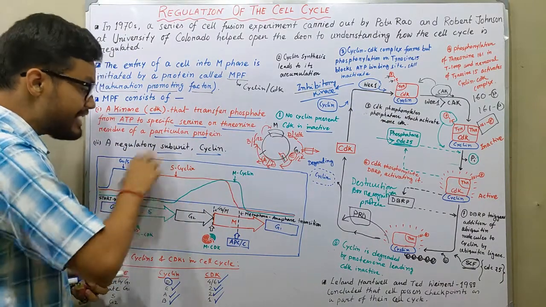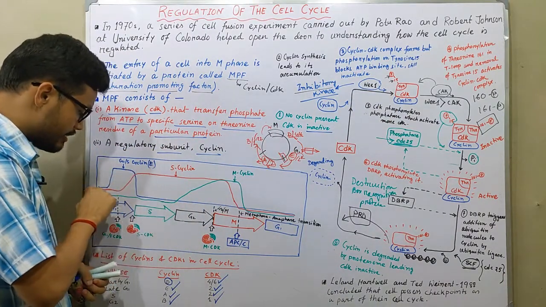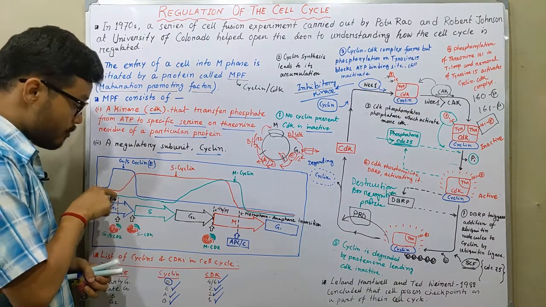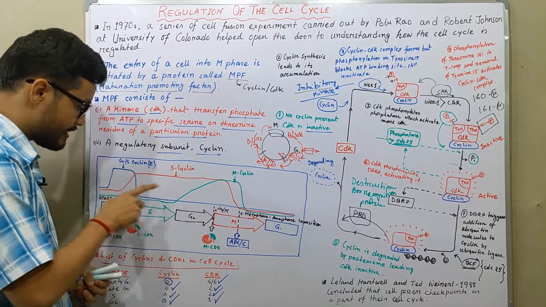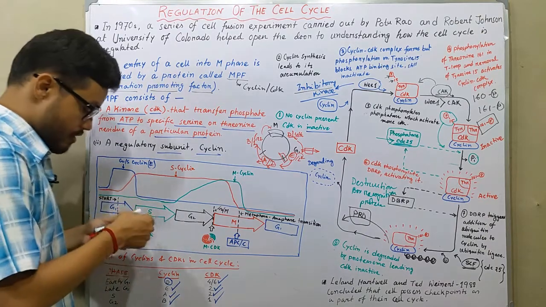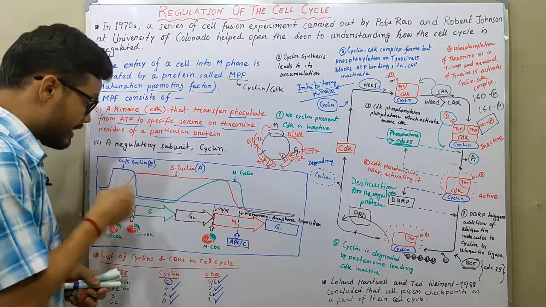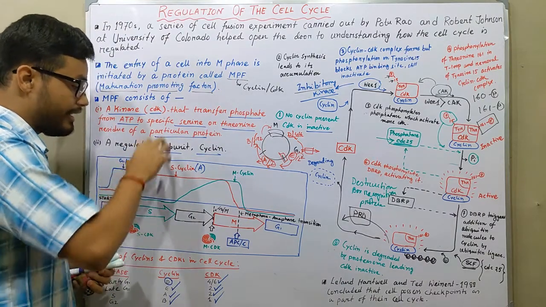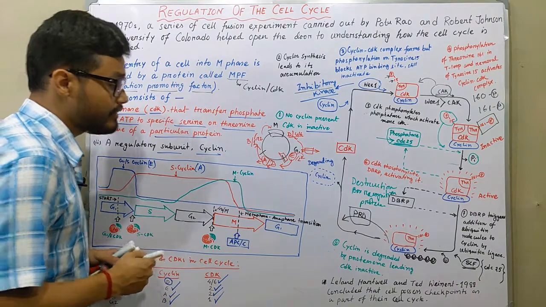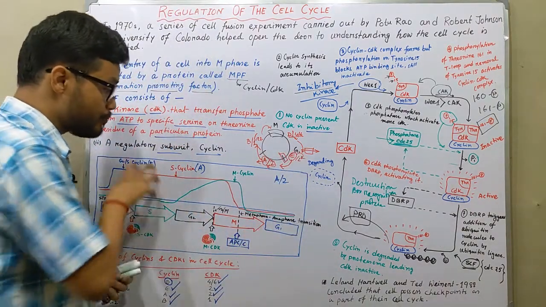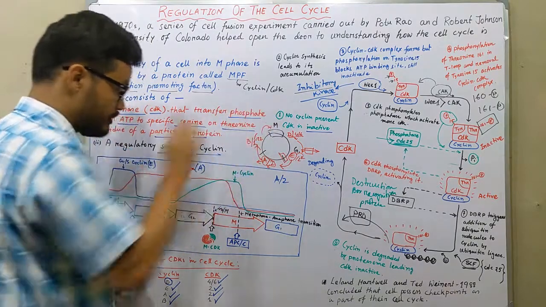Now the concentration of S cyclins in G1 is very low, but when it progresses towards the S phase, S cyclins, or cyclin A, build up inside of the cell, and cyclin A combines with CDK2 and helps to progress the cell from S to G2.